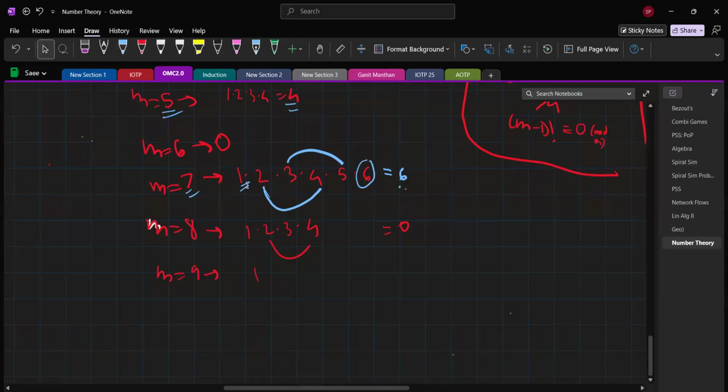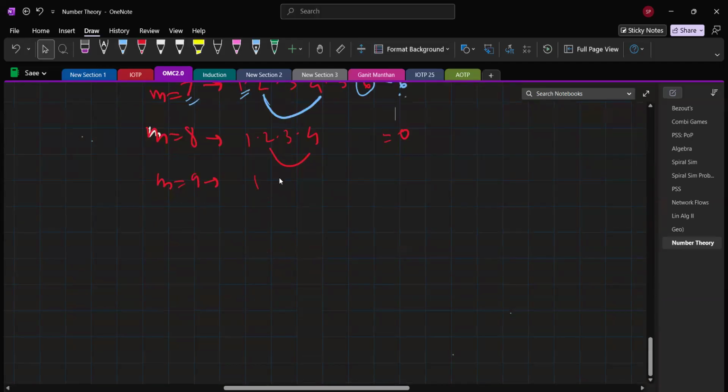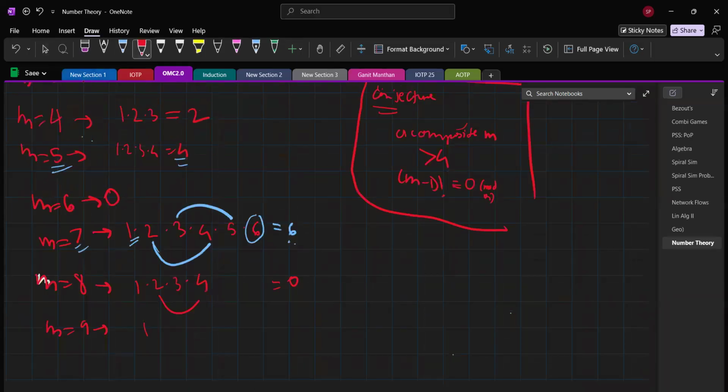Maybe this much evidence is not enough, but calculating it for 11 and 13 would be too much time and work. So the claim we observe is that for a prime, which I'll refer to as P, P minus 1 factorial is always going to be P minus 1, or minus 1 mod P. And this is in fact Wilson's theorem.